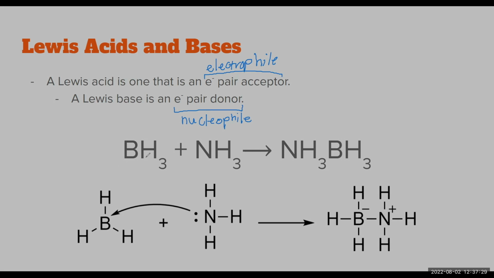So if you look at BH3 and NH3 forming something like NH3BH3, it's kind of hard to tell what's going to be the acid or what's going to be the Lewis base. So the easier way to do it is you draw out the Lewis structure. We can see on the left side, this is going to be BH3. This is going to be NH3. And then this is going to be NH3BH3.